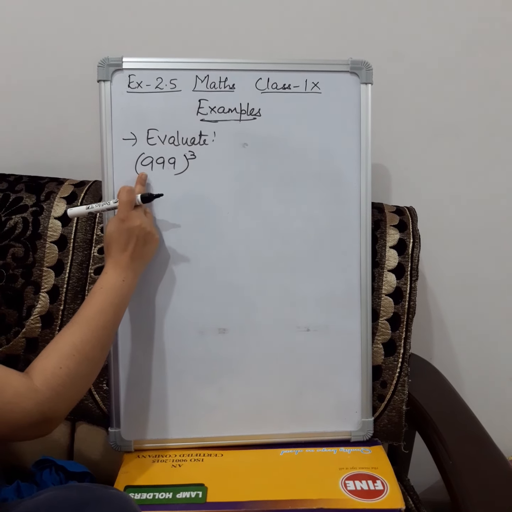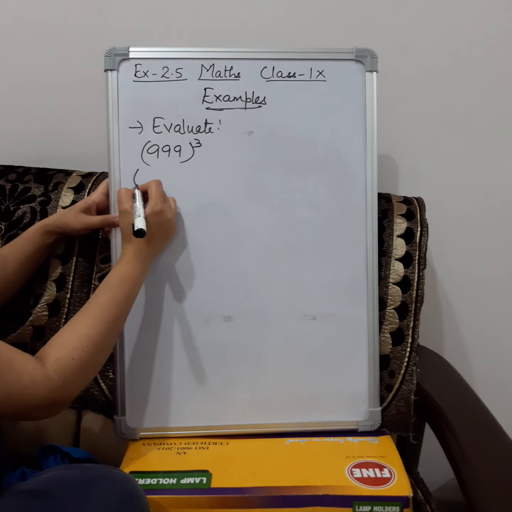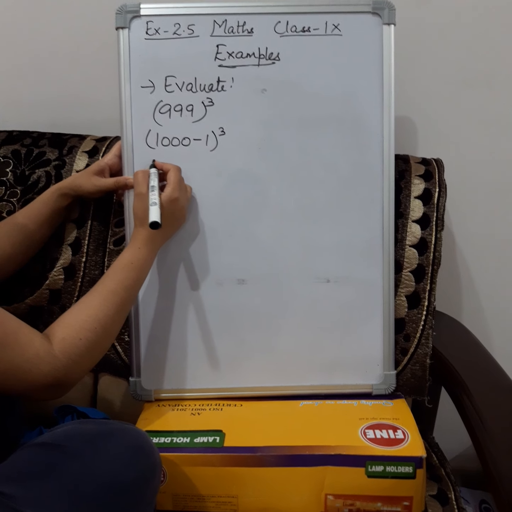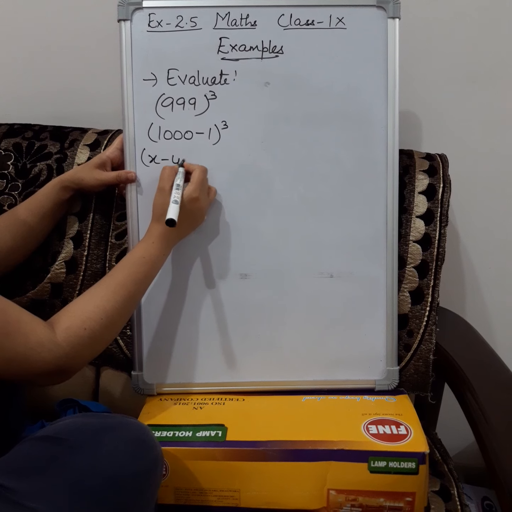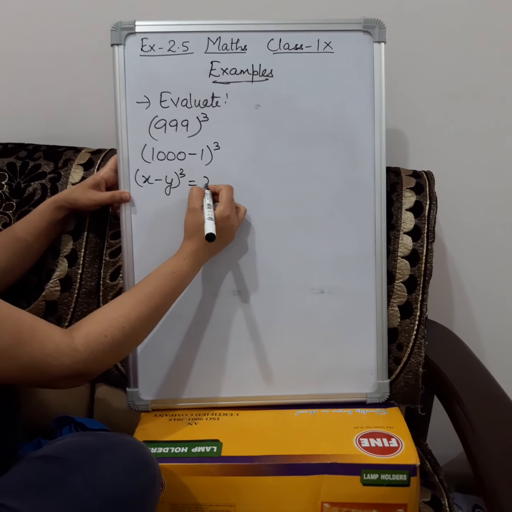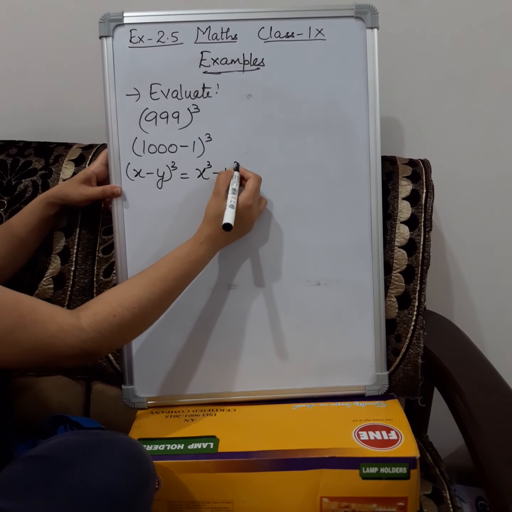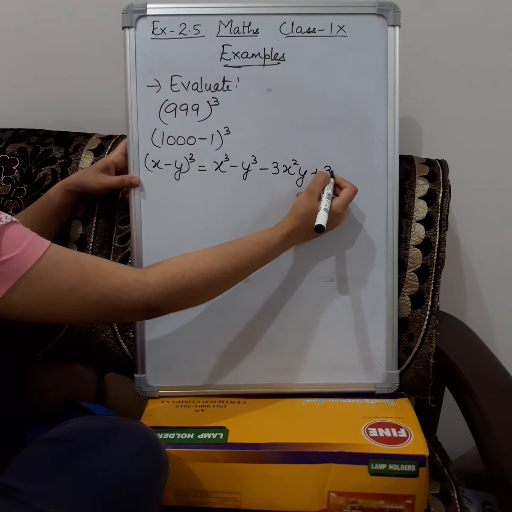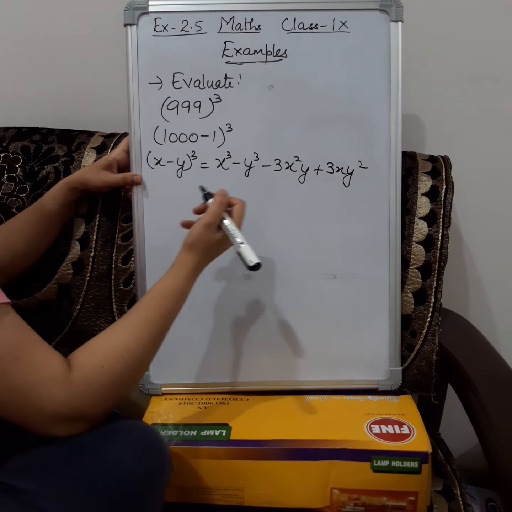Now the next example is again evaluate. Now how can we write it? (1000 minus 1) whole cube. Now which identity will we be using? (x minus y) whole cube, x cube minus y cube minus 3x square y plus 3xy square.